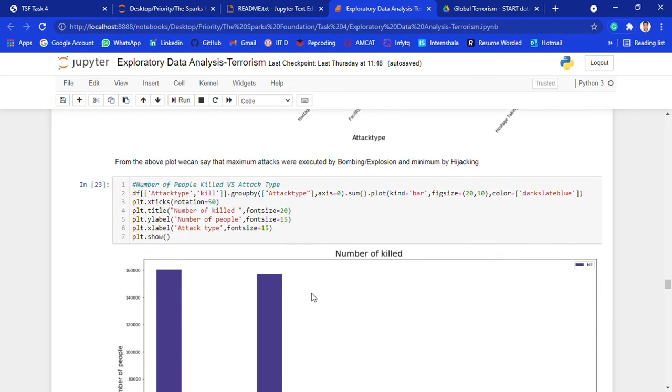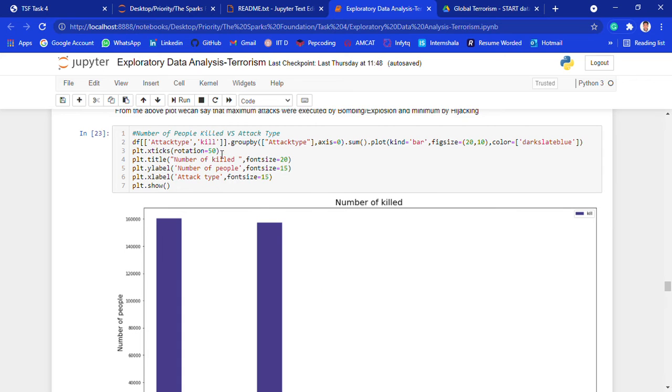With this we can also see the number of people killed by attack type.